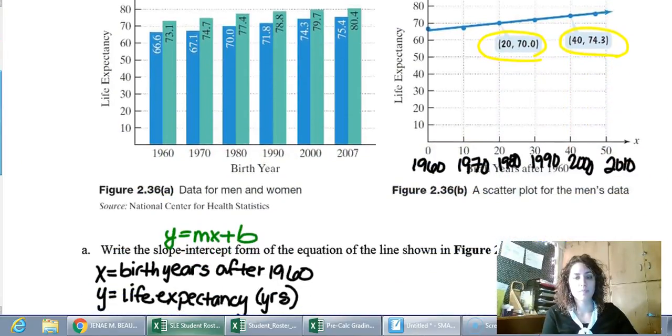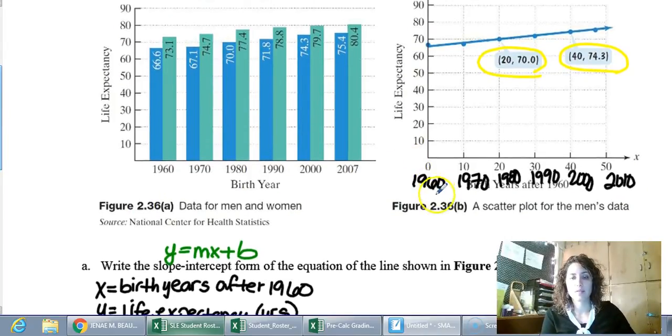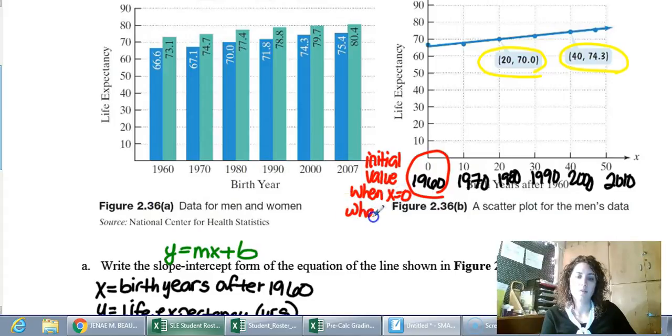Let me look here. My initial life expectancy is going to be in this 0 year. Initial value: when x equals 0, what's y?